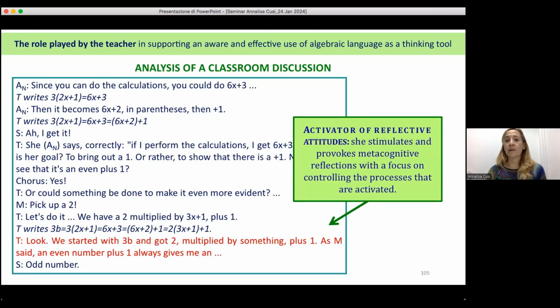In the last part of the discussion, the aim is to make the students reflect and control the whole process that was carried out, and so she plays again the role of activator of reflective attitudes.